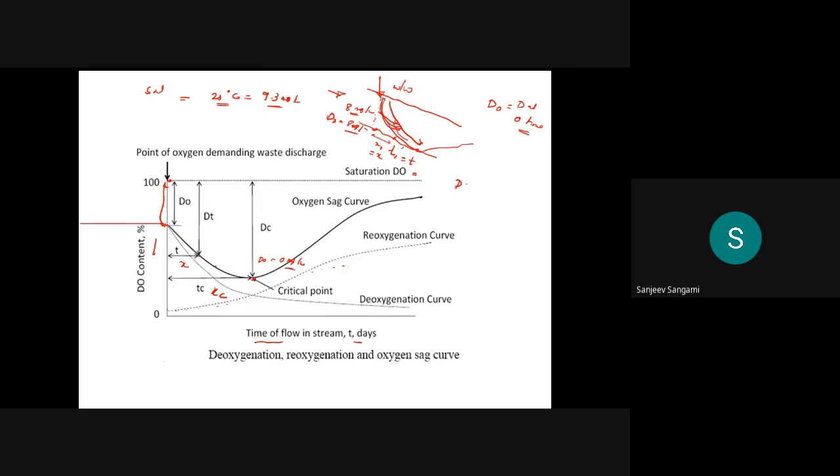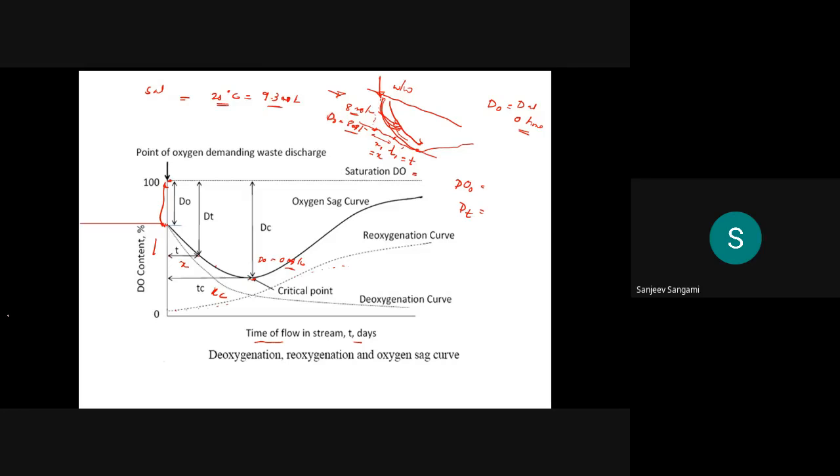Now we'll summarize it. D naught is nothing but dissolved oxygen at 0th time. Dt is dissolved oxygen at any time t. Dc is critical DO, along with the reoxygenation curve and deoxygenation curve.